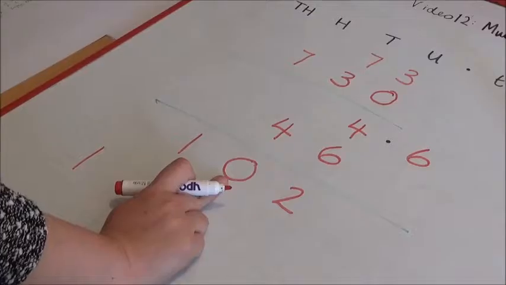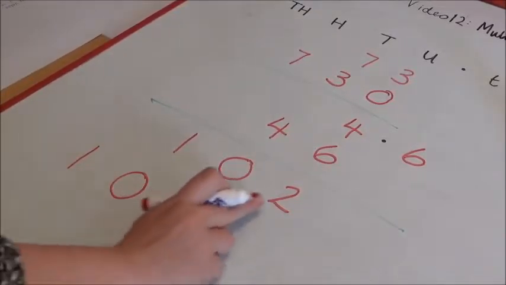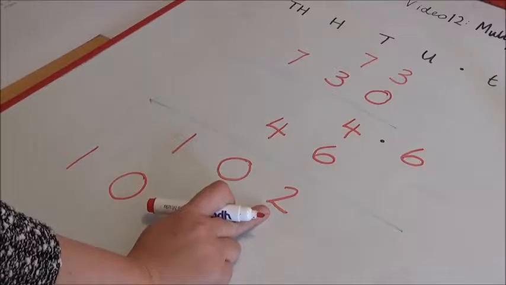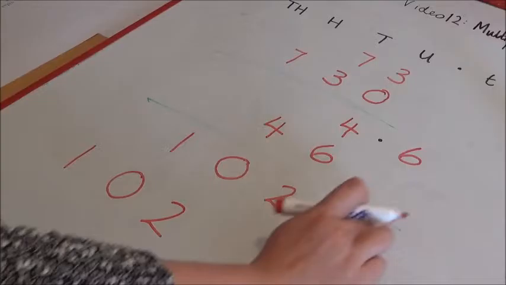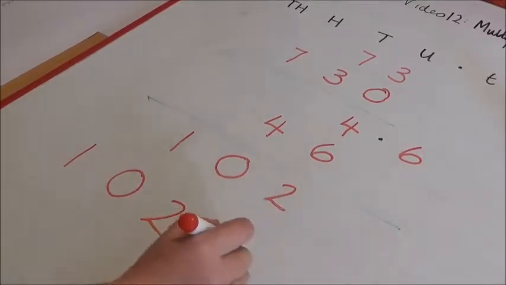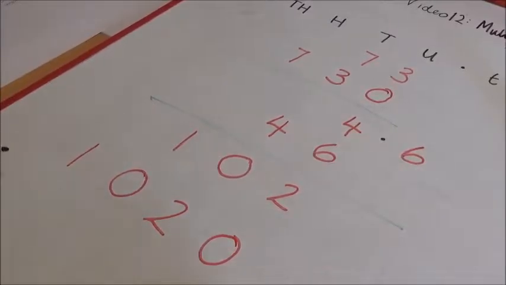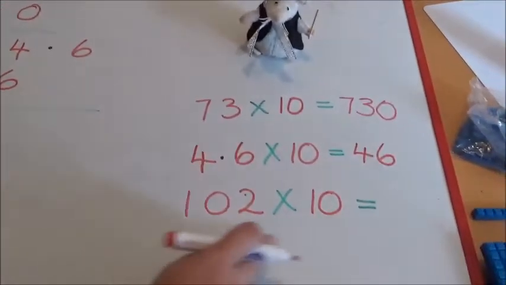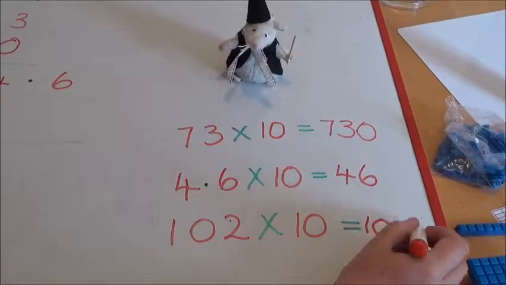So if we make no tens 10 times bigger, we'll have no hundreds. 2 units, 10 times bigger will be 2 tens. We have no tenths, so we'll put a 0 in our unit position. So 102 times by 10 is the same as 1020.